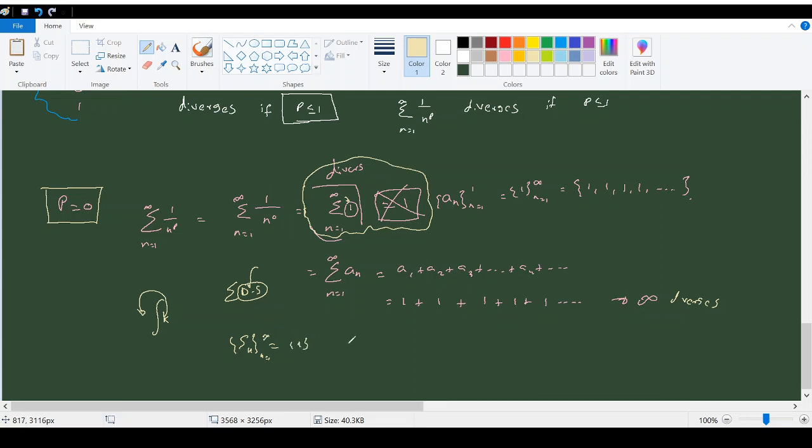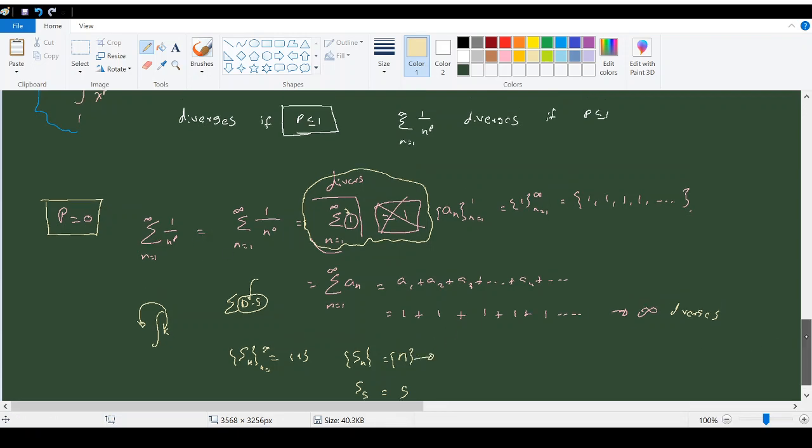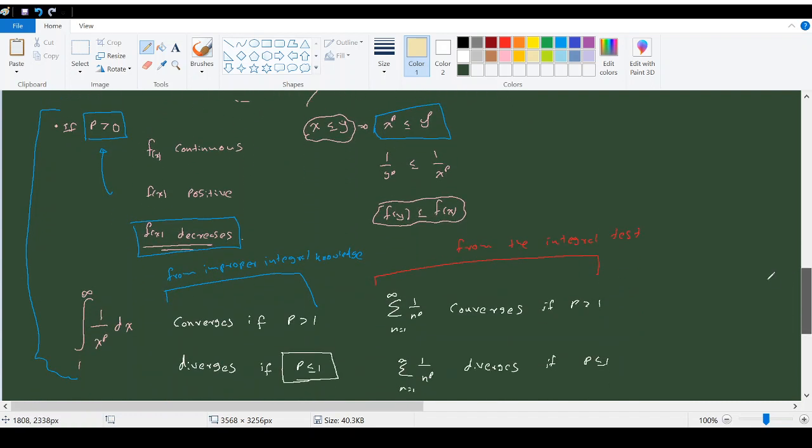So the general term of the partial sum sequence will be equal to n. For example, S5 represents the addition of the first 5 terms, that means 5, because each term is equal to 1, right? Accordingly the Sn sequence will be equal to the sequence of n, and that sequence will diverge. Therefore the series will diverge, and we are left with only one more condition.